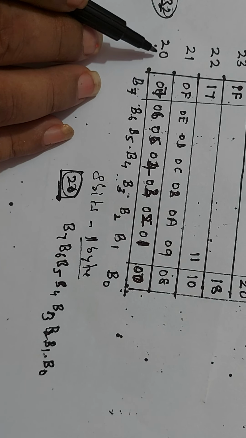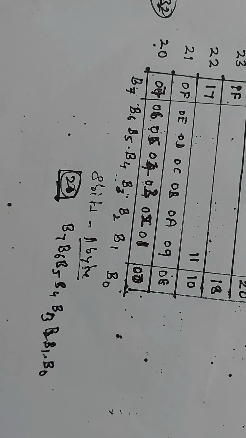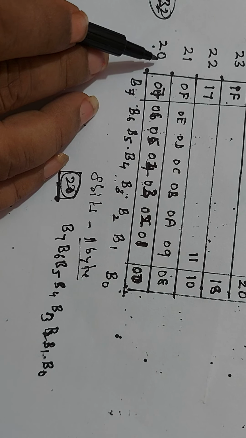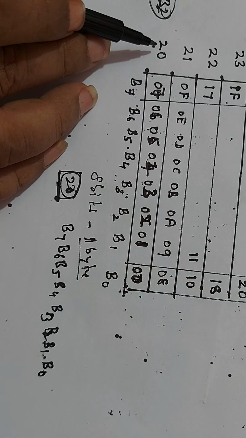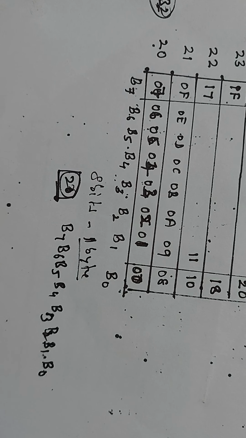This byte address 20 up to 2F is used for only bit addresses and cannot be used for byte address. Therefore, you cannot store any 8-bit value in the 20 RAM location. In any RAM location from 20 to 2F, you cannot store 1 byte.